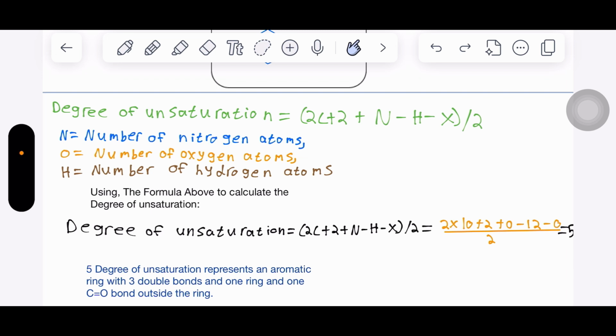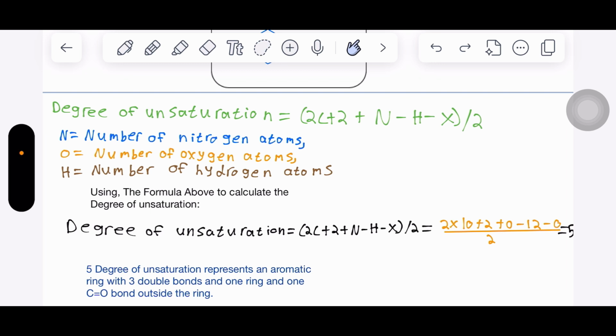So using the above formula, I came up with 2 times 10 plus 2 plus 0 minus 12 minus 0, all divided by 2.